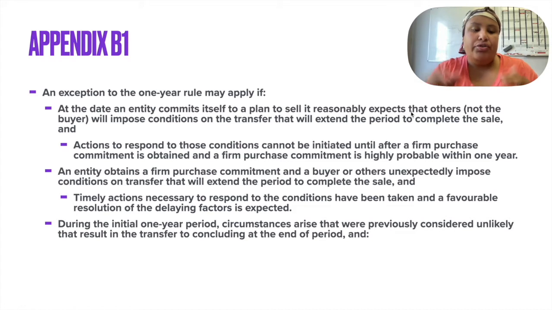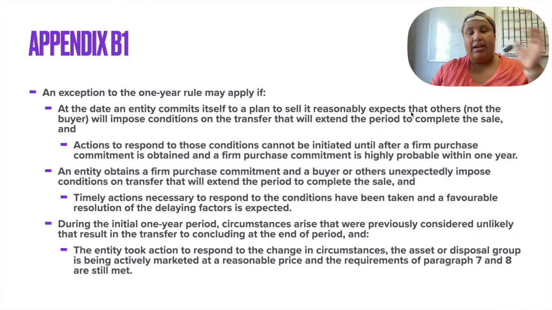And the last scenario is during the initial 1 year period, circumstances arise that were previously considered unlikely and that result in the transfer not concluding by the end of that period, and then the entity took action to respond to the change in circumstances.